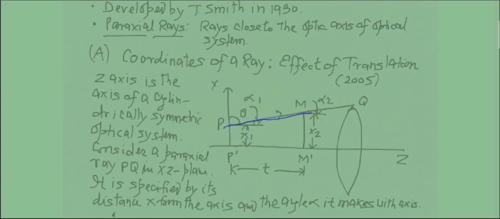This PQ will be your transversal and these two will be parallel lines. So this angle will be alpha 1, this angle will be alpha 2, but both of them will be equal to alpha only.